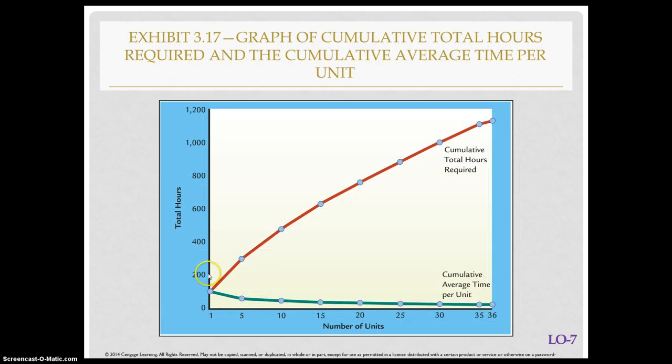So we can see that represented here. So the cumulative total hours required, it's not a straight up line like this as we see for these first 5 units, because it would keep going this way, right? It would keep going way up here. But it actually curves off, and the cumulative average time per unit is going down as the number of units goes up.